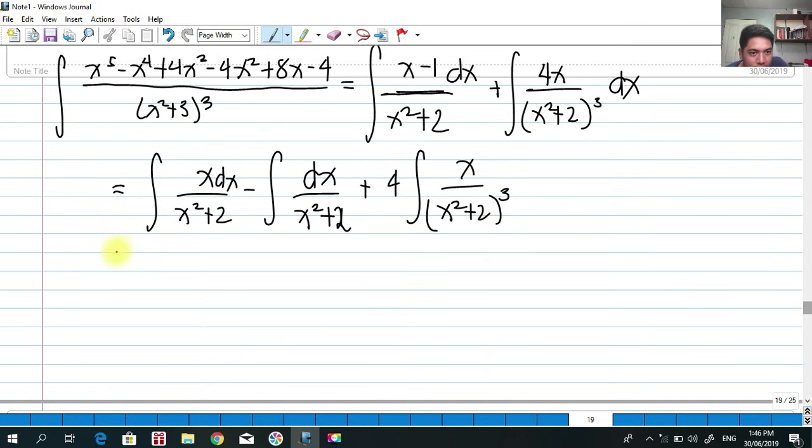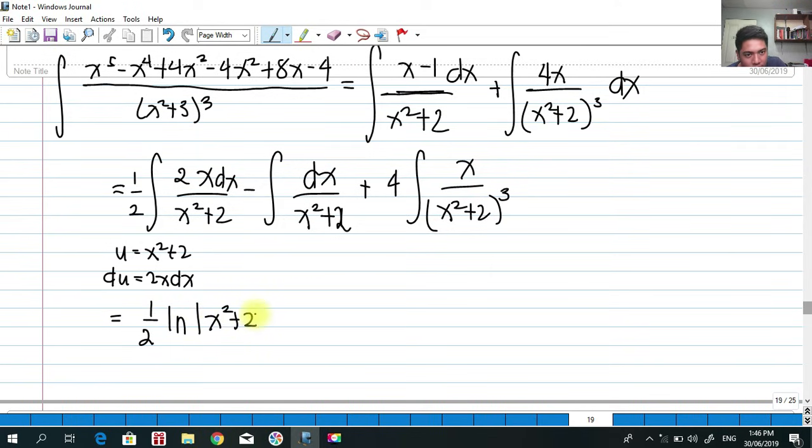We can integrate this by setting x squared plus 2 as u. To get du, we have 2x dx, and we have x dx here, so we can offset 2 here and offset 1/2 here, so that this would become 1/2 of the ln of the absolute value of x squared plus 2.